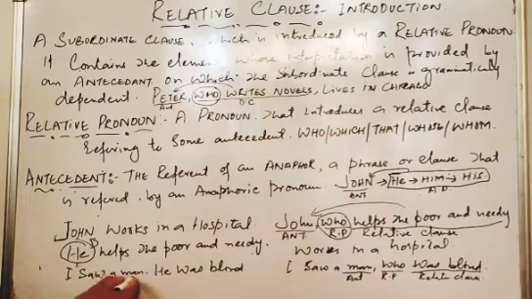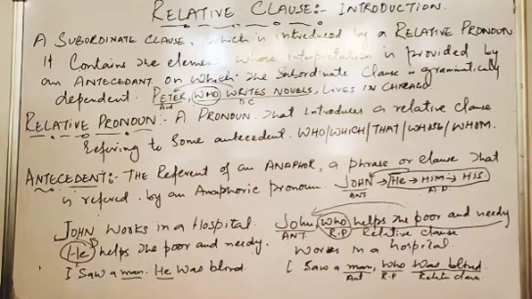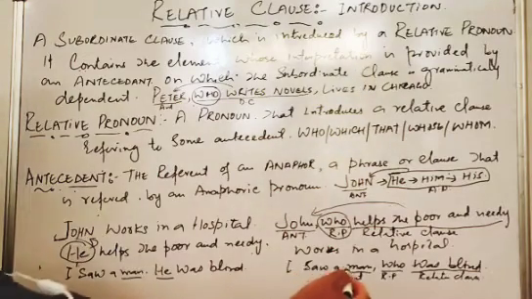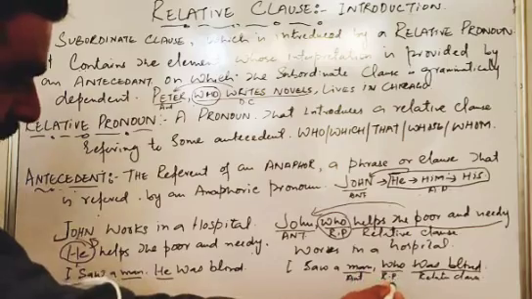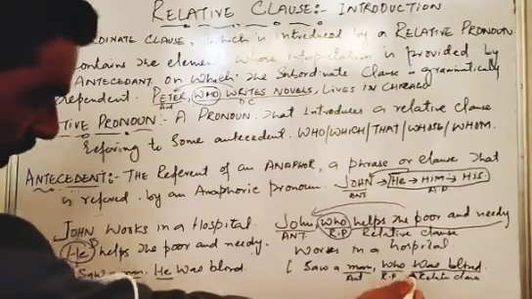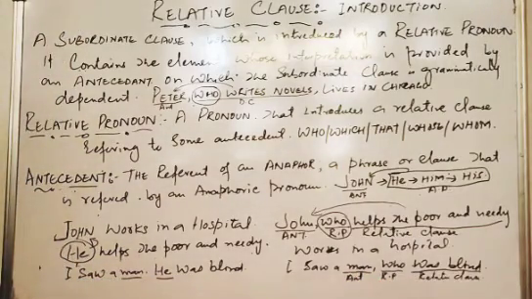It is man here, and in the second sentence there is he. I saw a man who was blind. Man is the antecedent, who is the relative pronoun, and the rest of the sentence is the relative clause.